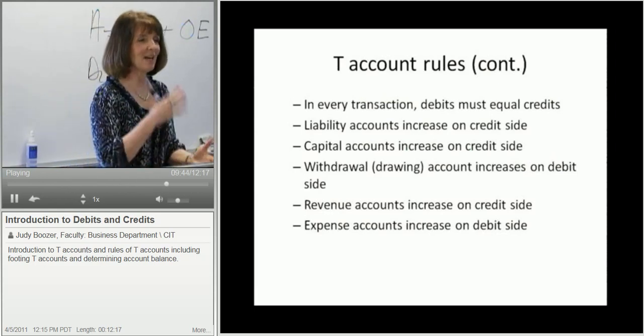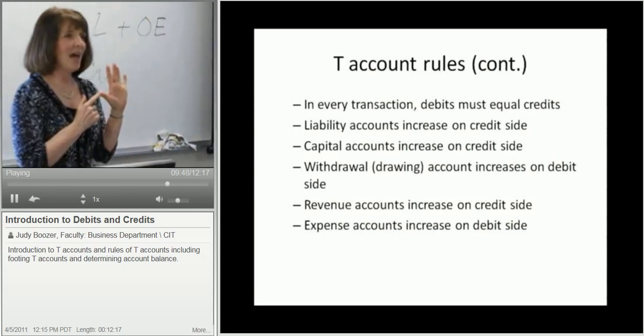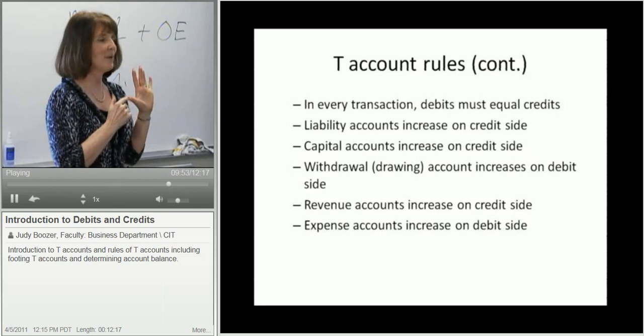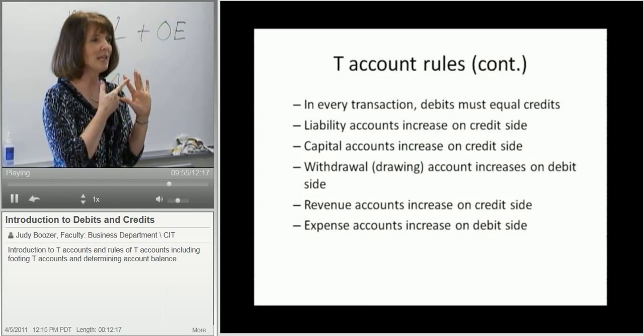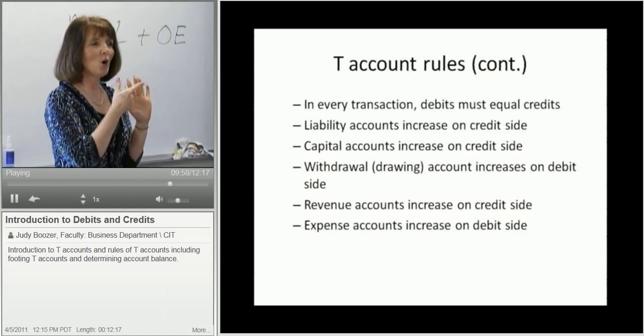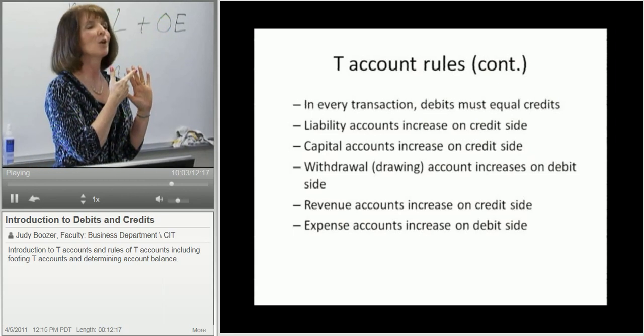So let's identify all the major categories. Assets increase with a debit. Liabilities increase with a credit. Owner's equity or capital increases with a credit.